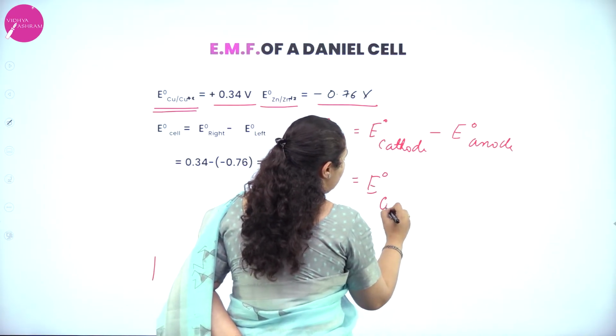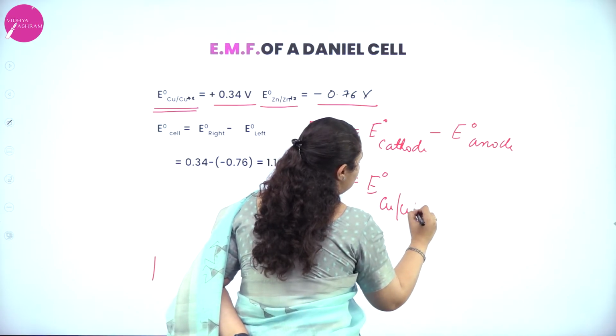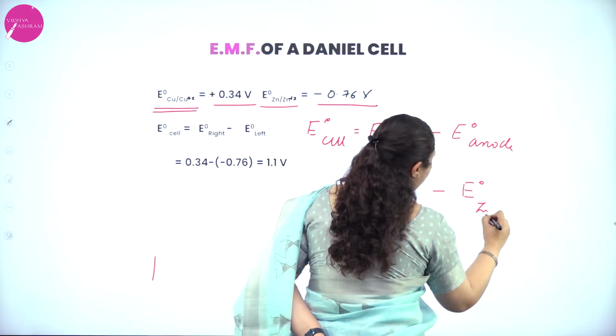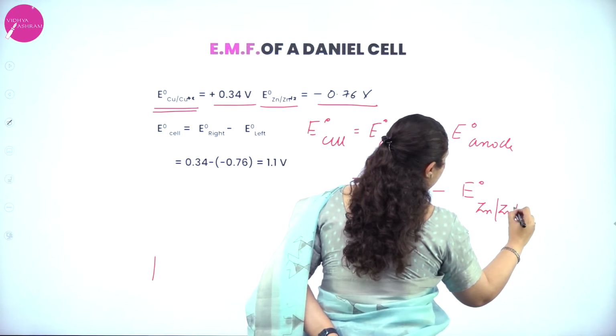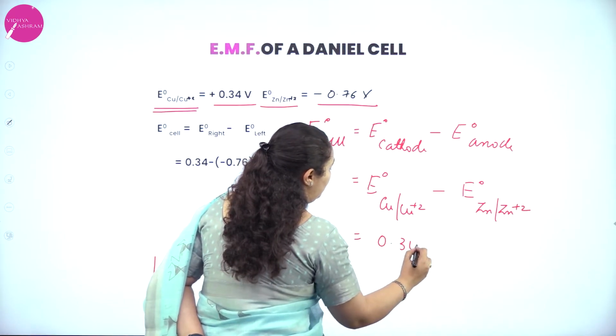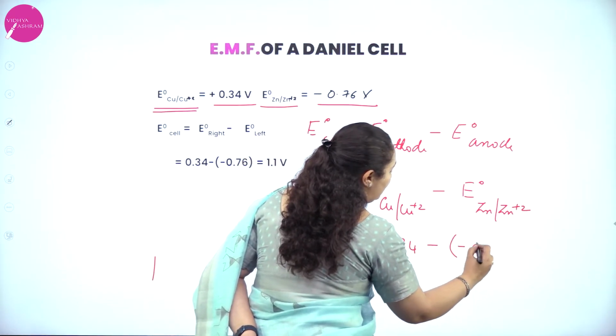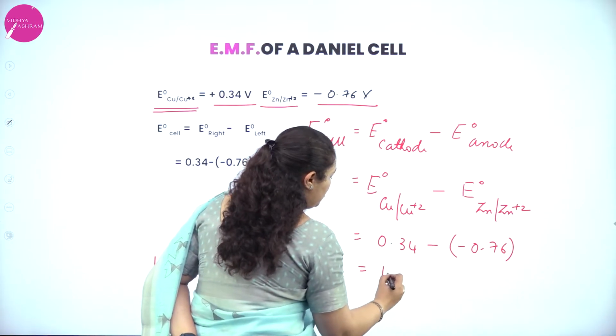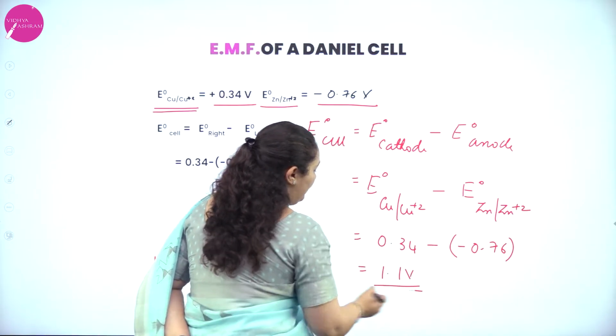E naught of Cu bar Cu plus 2 ions minus E naught of zinc bar Zn plus 2 ions. So the value is 0.34 minus, this is minus 0.76, minus into minus becomes plus. So if you add up, I get 1.1 volt.